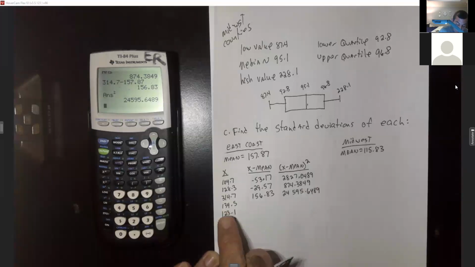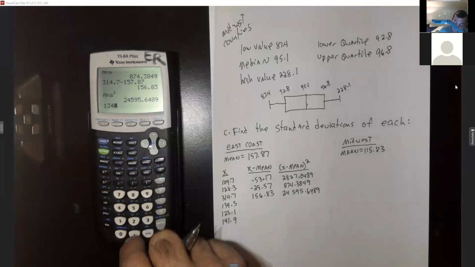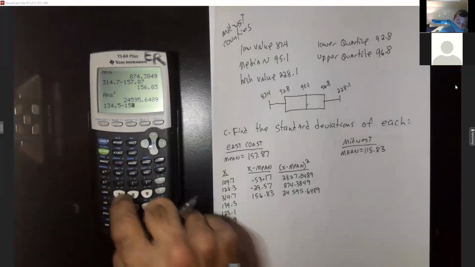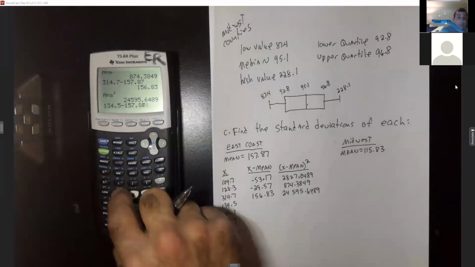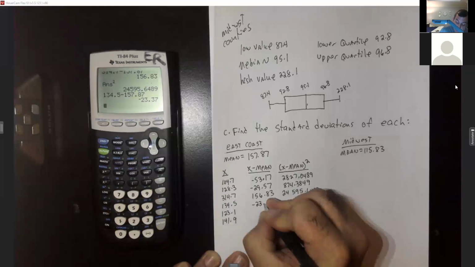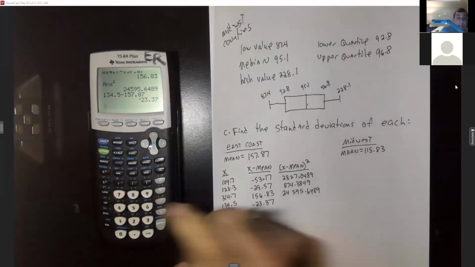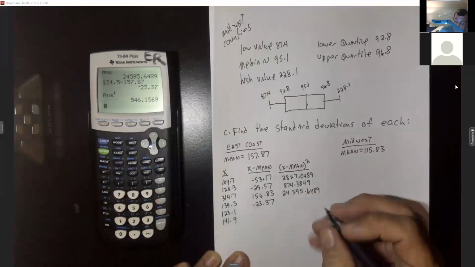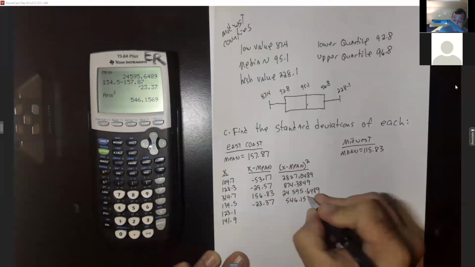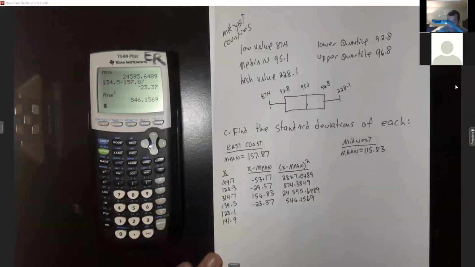All right, 134.5 minus the 157.87 is going to give us a negative 23.37. Square that, I get 546.1569. All right, two more to go, y'all.